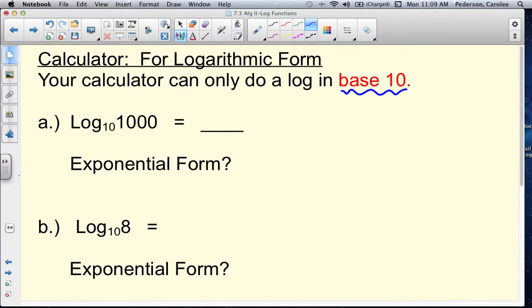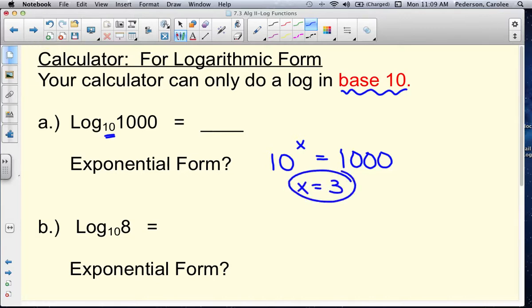Let's just take a moment and rewrite this in exponential form. So this is my base 10, my exponent is unknown, equals 1,000. Well, do you remember from the previous slide that 10 to the 3rd equals 1,000? So x should equal 3.